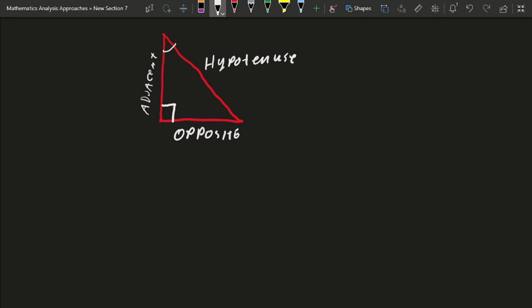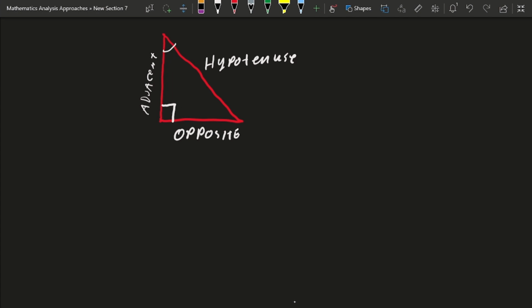How do we know which side is the opposite and which is the adjacent? Well, I'll talk about that later, but for now, just notice how there is an angle defined here. Okay? Notice how there's an angle given there.